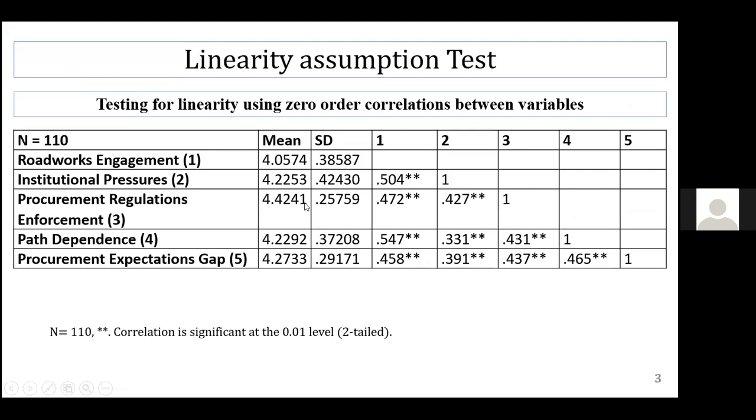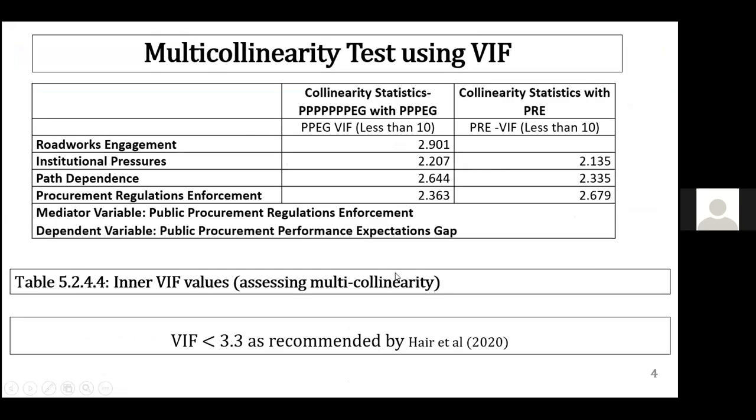We also carried out linearity tests where we used correlations, and as you can see here, the results of the correlations clearly indicate that all these values are highly correlated. We also used the variance inflation factor to check for multicollinearity, where the values were less than 10.